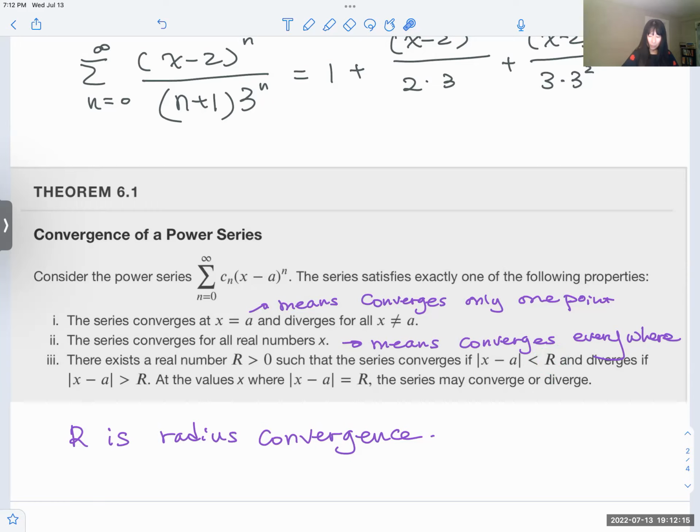If the absolute value of x minus a is greater than R, then we say it diverges. If the absolute value is the same as the radius of convergence, then the series may converge or diverge. All right. The first time is hard to understand, so let us do more.